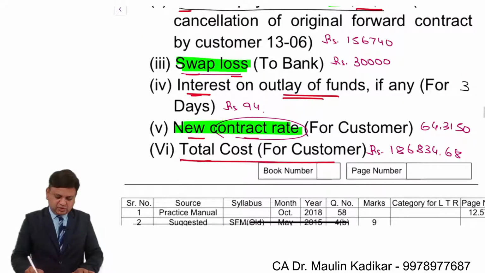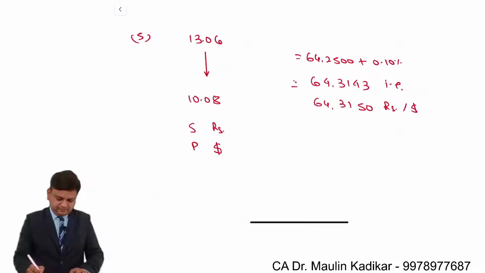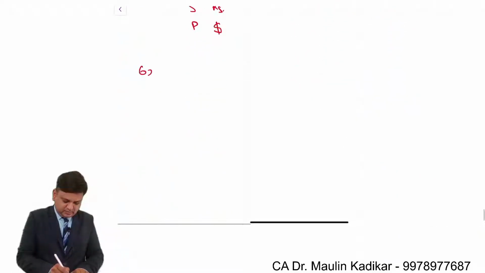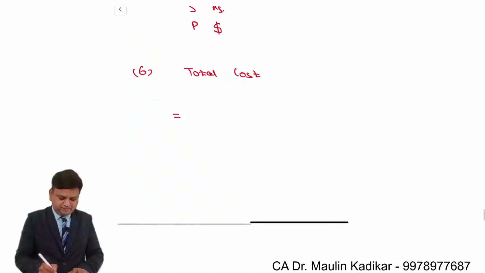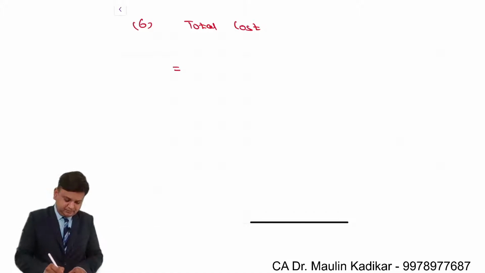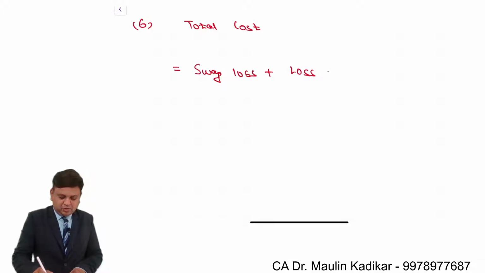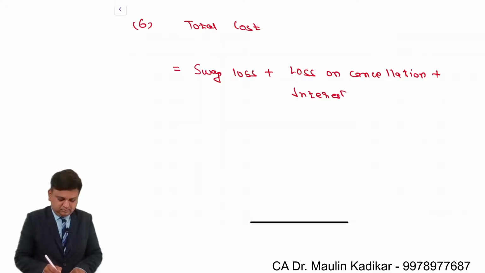Sixth question is the total cost for the customer. Sixth question is total cost. In that, swap loss plus loss on cancellation plus interest.